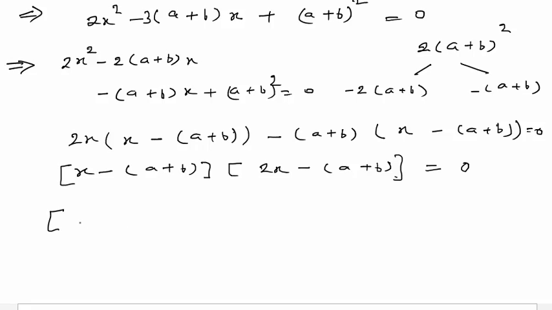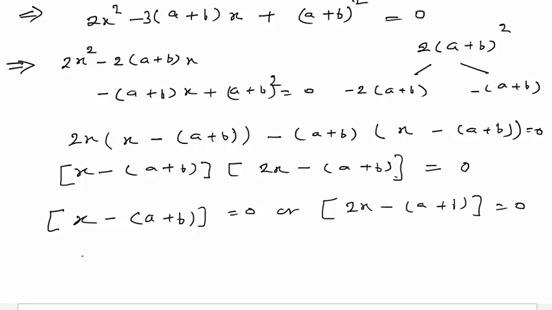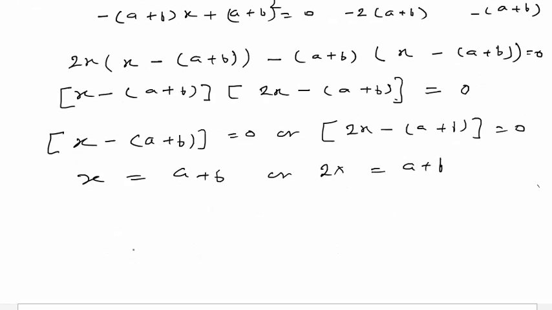So this gives me either x minus a plus b equal to 0, or 2x minus a plus b equal to 0. So finally I have x is equal to a plus b, or I have 2x is equal to a plus b. So my final answer is either x is equal to a plus b, or x is equal to a plus b whole divided by 2.